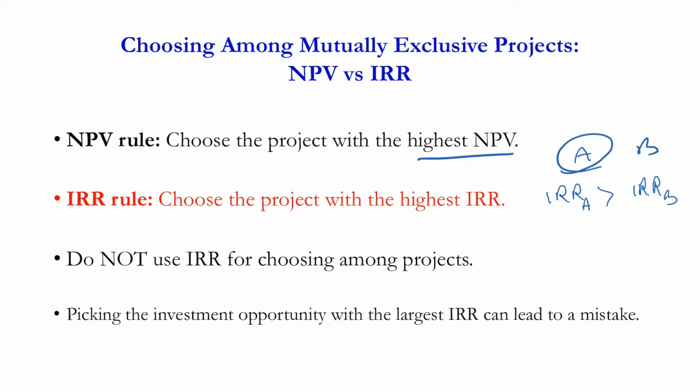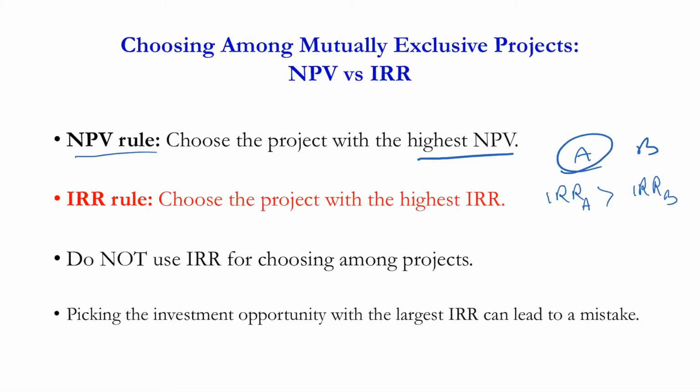However, you should know that we should avoid using the IRR rule for choosing among projects, because picking the investment opportunity with the largest IRR can lead to a mistake. It doesn't always give us the best project available. We always need to stick with the NPV rule.